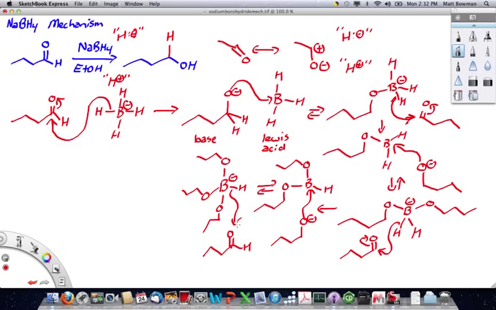Really show the arrow going to the carbon of the carbonyl. Make sure I have all my carbons straight.